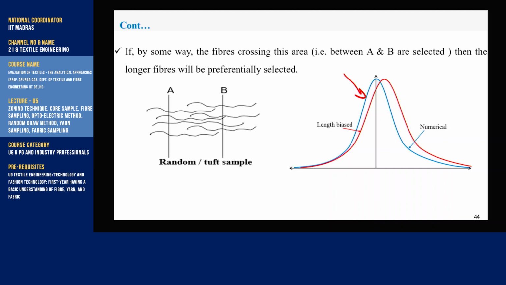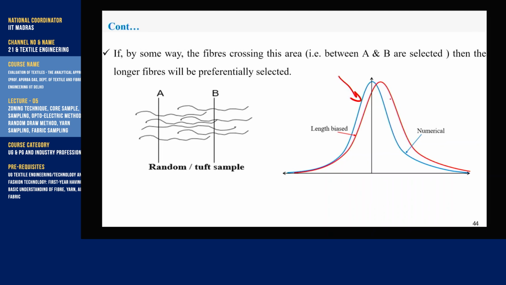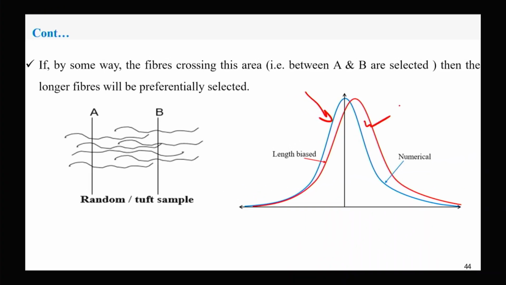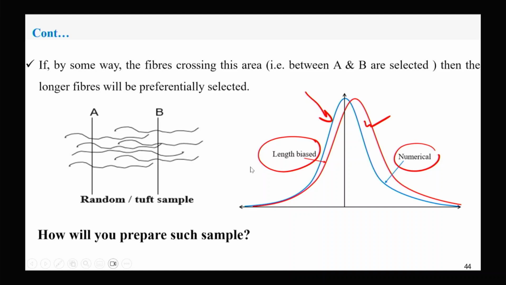But when we are taking the length bias sample, that means fiber length will be shifted rightward. So this is the normal sampling. You can say it's a numerical sampling, blue color, and the length bias sampling is represented by the red color. So how to prepare this sample we will discuss subsequently.